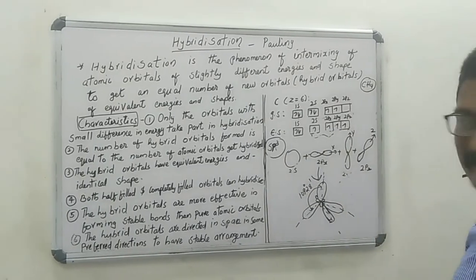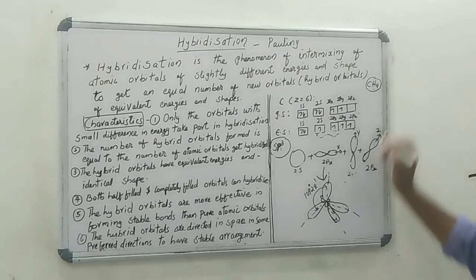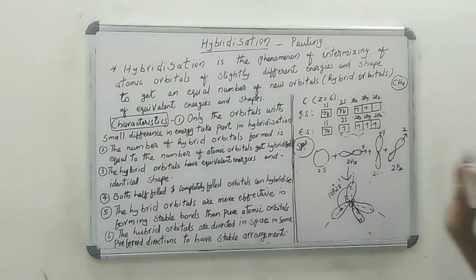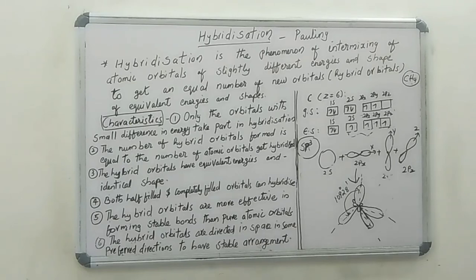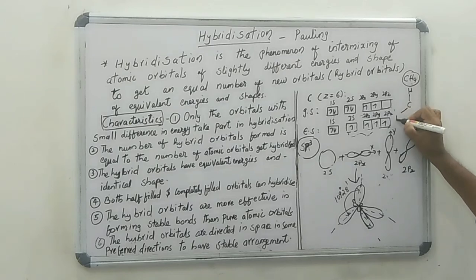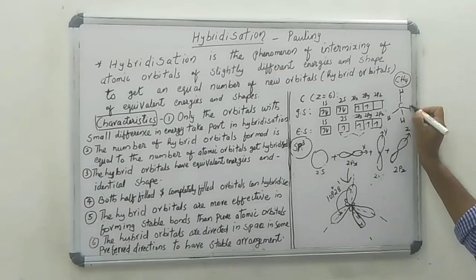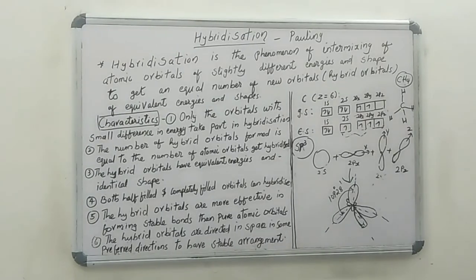Now just see one example for sp3. The example is methane. In methane, the carbon atom is sp3 hybridized. The reason is that in methane the carbon atom must form 4 sigma bonds with hydrogen. In order to form the 4 sigma bonds, the number of half-filled hybrid orbitals present in carbon must be 4.